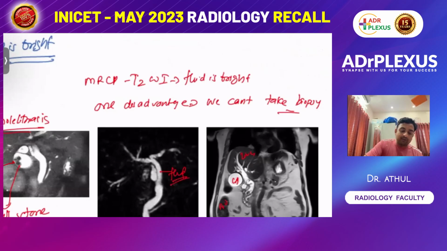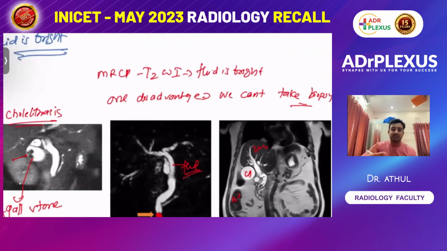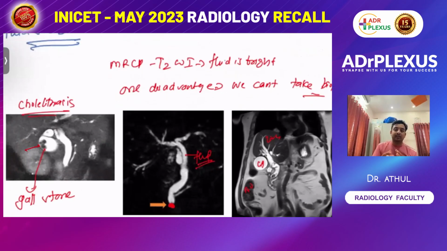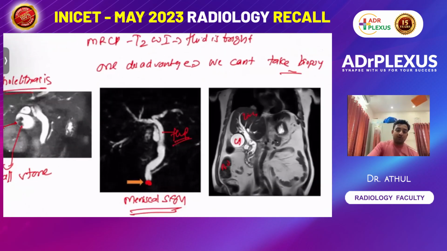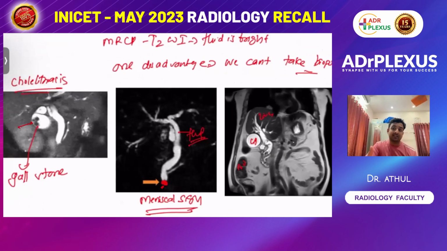We will only be able to see the meniscus. That is known as the meniscus sign. When you are preparing for future exams, you should be thorough with the details of MRCP. You should know how MRCP depicts gallstones, how cholelithiasis is seen, and how choledocholithiasis is seen in MRCP. All these are very, very important when you are going for your exams. I hope this is clear and everyone has got this correct. We will move forward.